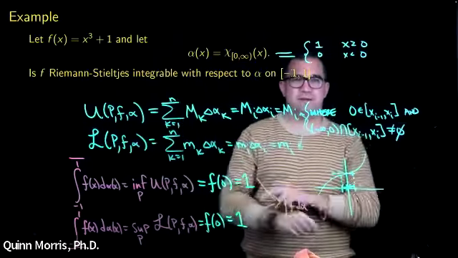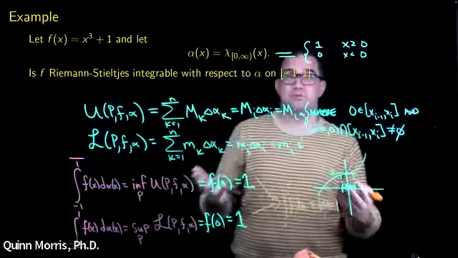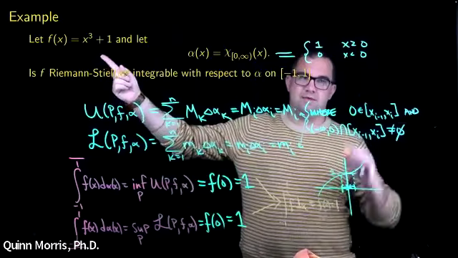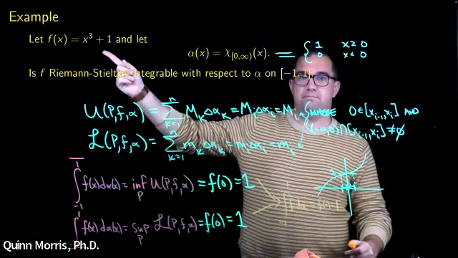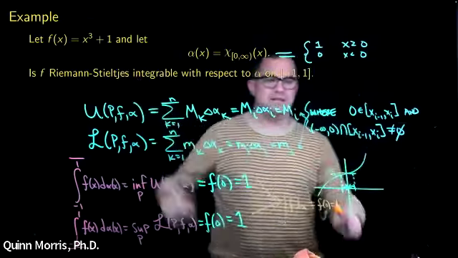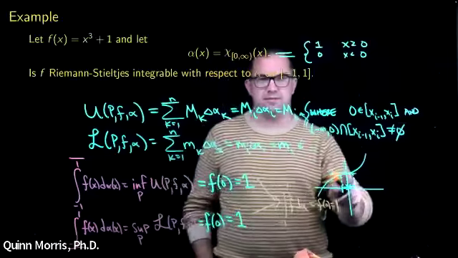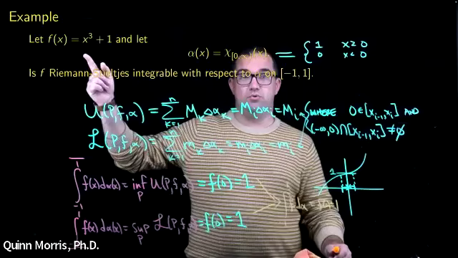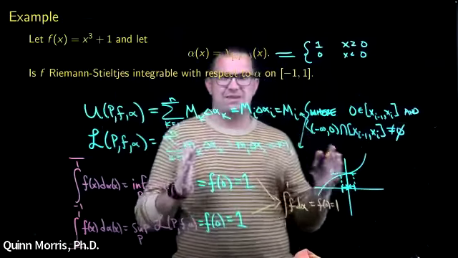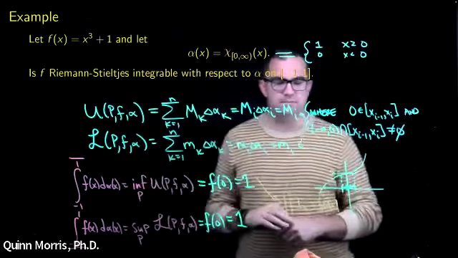There's nothing special about this function f. The only fact we really had to use about f was that f of 0 is 1. I did mention here that the maximum and minimum occur at the left and right endpoints. That's using the fact that this is monotone increasing, but you actually don't even need that.